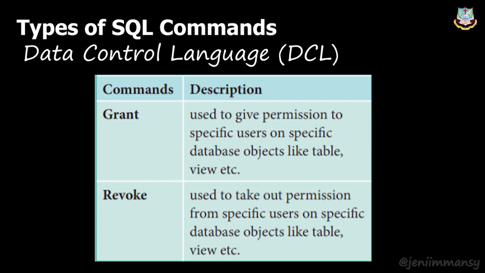Data control language is for security purposes on the database. A database object can be a table, a row, a column, a view, or a stored procedure. To make these secure, we use data control language.